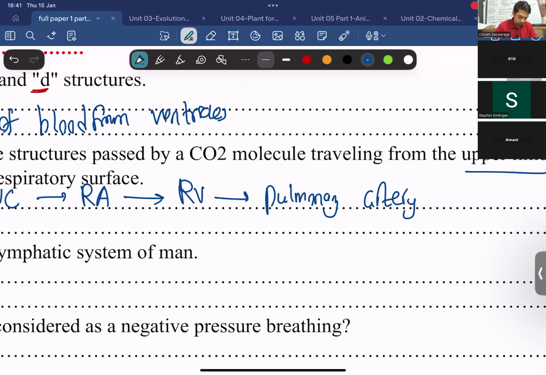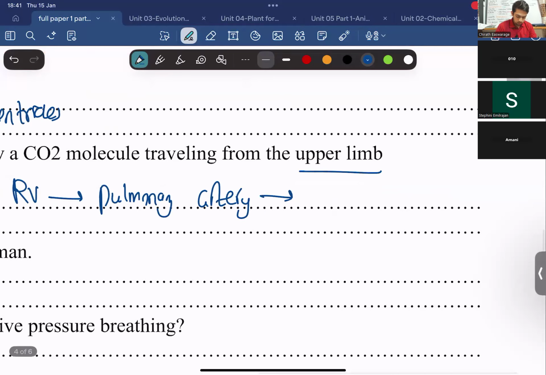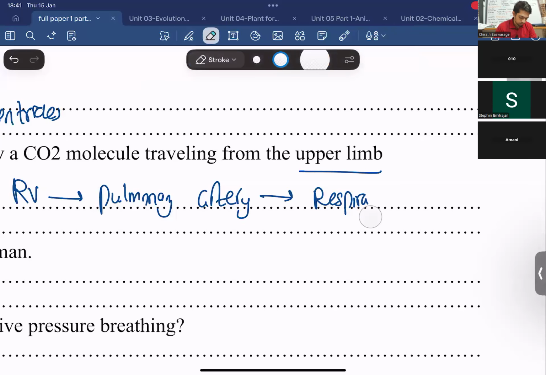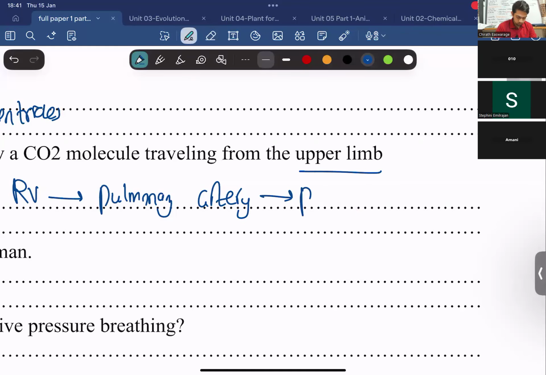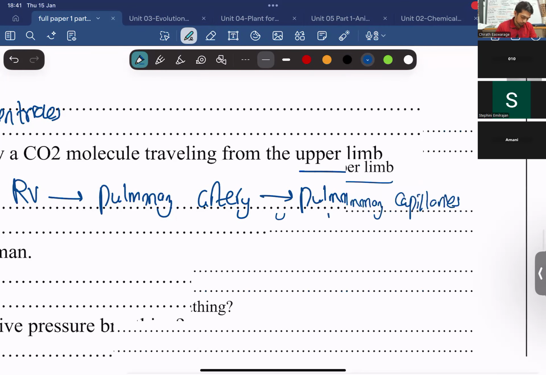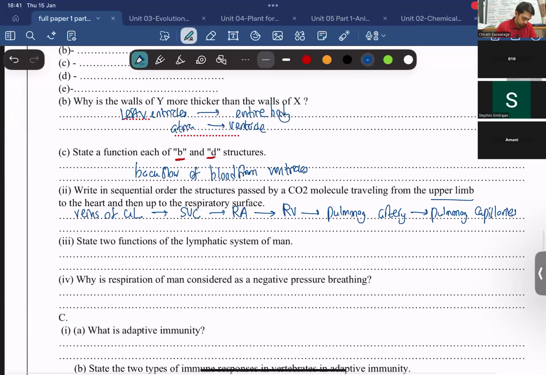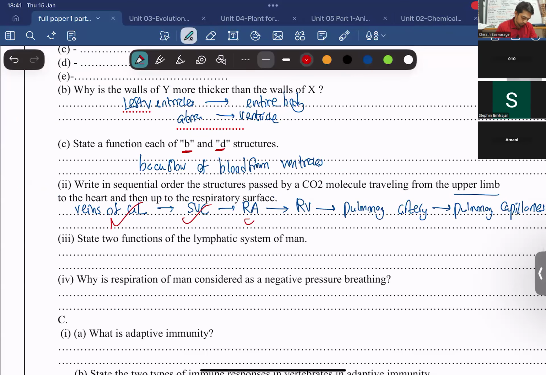Then I would like you to say pulmonary capillaries. This is the complete answer. So 1, 2, 3, 4, 5, 6 marks. Upper limb veins to the superior vena cava, right atrium, right ventricle, pulmonary artery to the pulmonary capillaries.